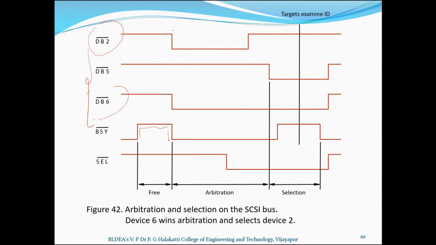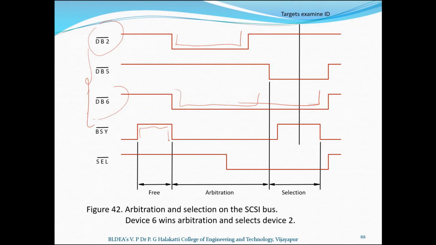You can see that by their signal, if their signal goes low here and here up to here. So that is the indication of requests. Now each controller has a fixed priority, with controller 7 having the highest priority. So when bus busy becomes active, that is, it goes from high to low.